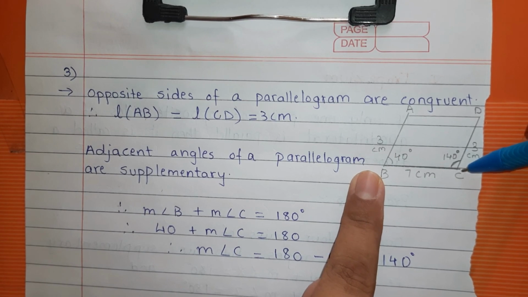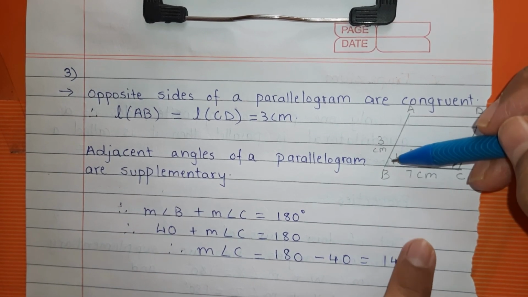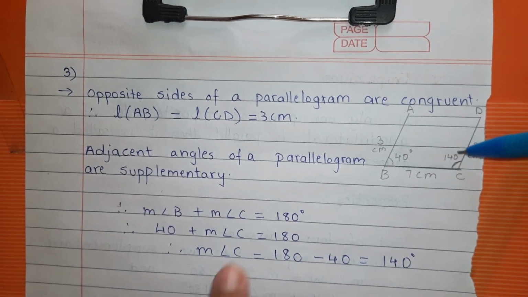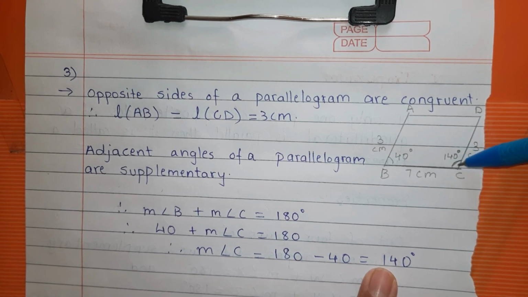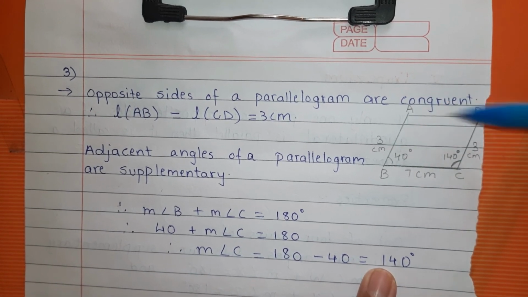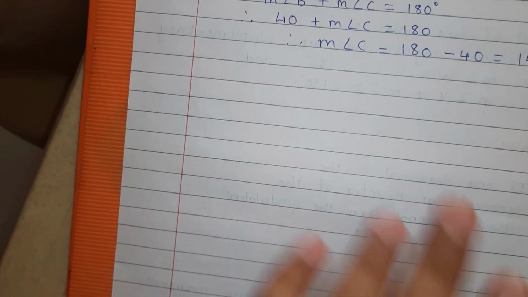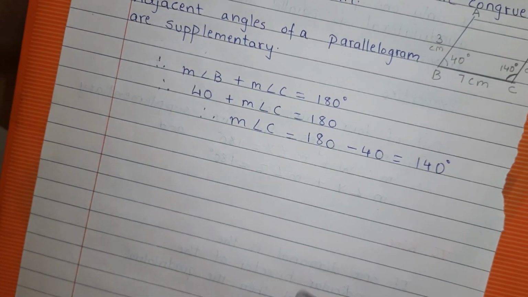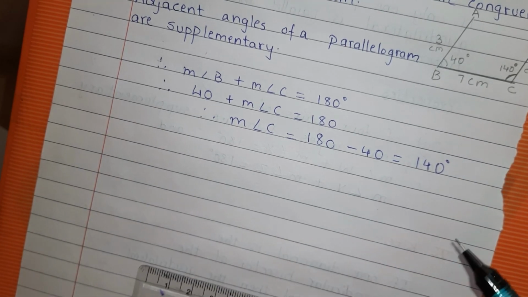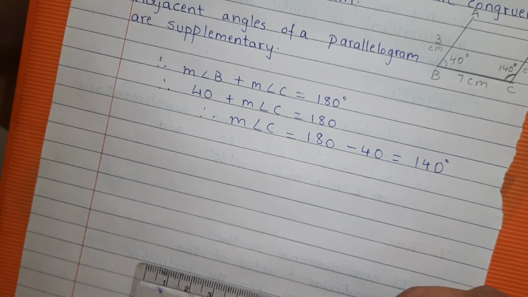So here the rough figure I have already drawn. Take BC as base, 7 centimeters. B angle is 40 degrees. C angle, just now we have found out, is 140. AB is 3, CD is 3. So first what we will draw? Base 7 centimeters. So let's draw the base 7 centimeters.